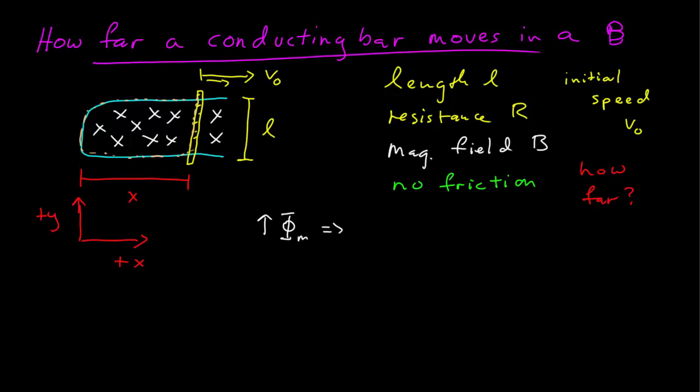So we know from Faraday's law that this changing magnetic flux is going to lead to an EMF around this conducting loop.